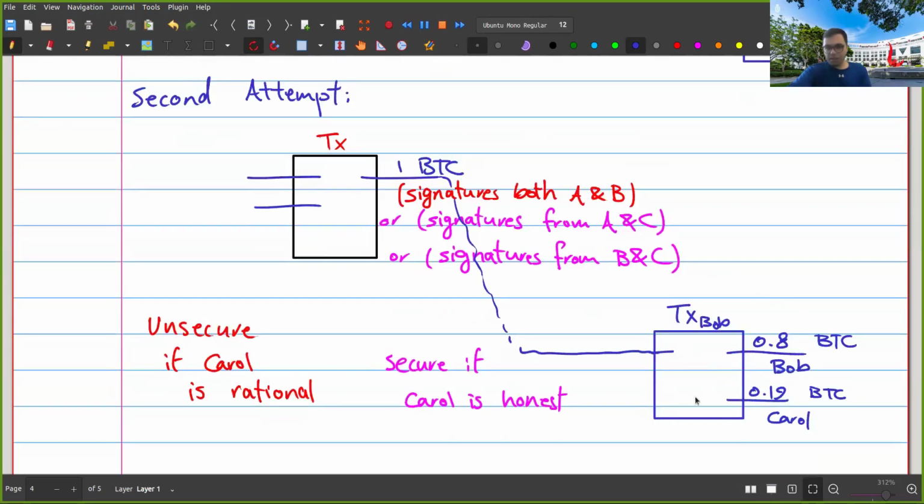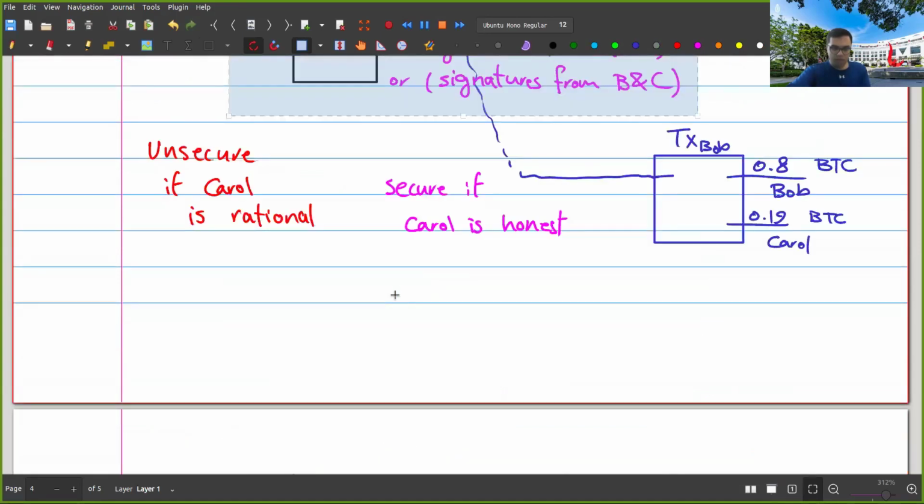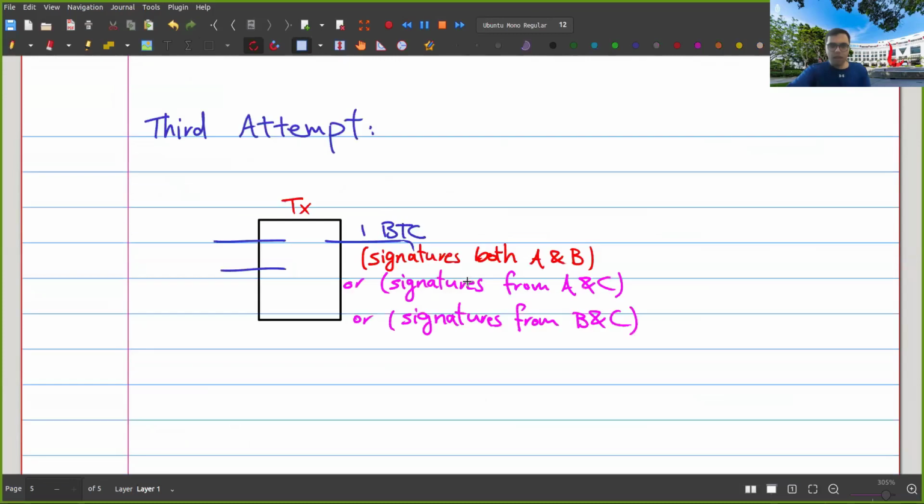So the problem here was that Bob could just bribe Carol, and if Carol was rational, she would just accept this. So I'm going to create a similar transaction as before. Okay. I'm going to put this transaction here. But I'm going to make my script more complicated.